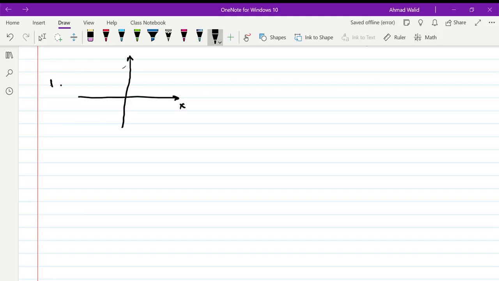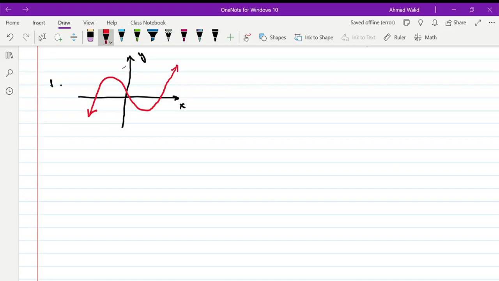What does it mean, a smooth curve? It means when you put your pencil on a paper, you never pick it up and you draw really a smooth curve. Smooth curve means your curve doesn't have any corner.